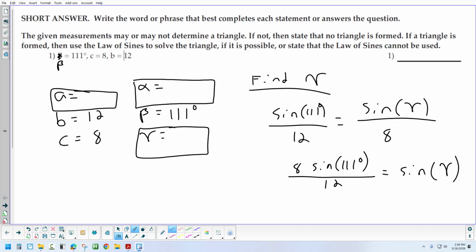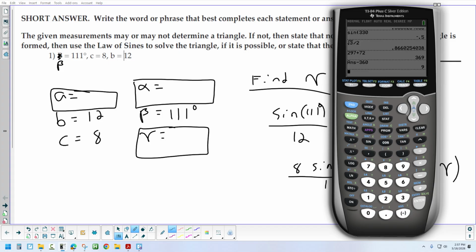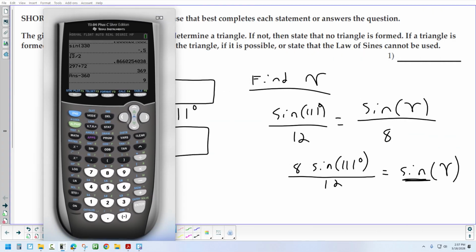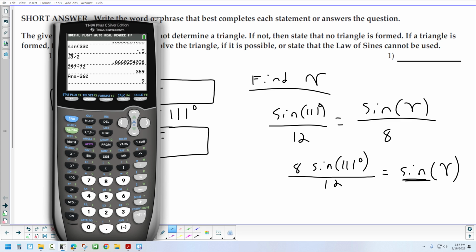equals sine gamma. And then how are we going to get rid of this sine to get gamma by itself? Yep, take the arc sine or inverse sine. In degrees, I want to make sure I'm matching what they gave me in the problem.